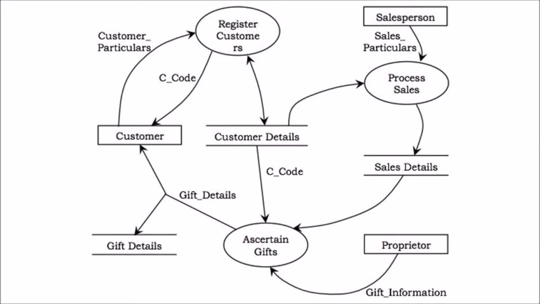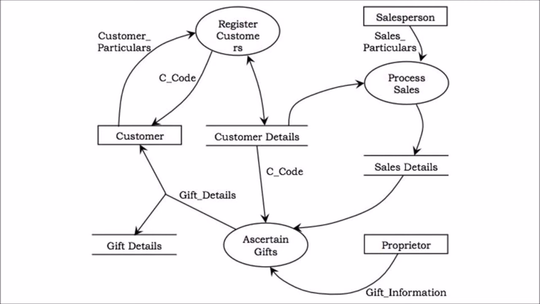And we can see three different actors associated with this: customer, salesperson, and proprietor, which are represented in rectangles. So the actors are represented by rectangles, the processes are represented by ellipses, as well as the data stores are represented by two parallel lines.